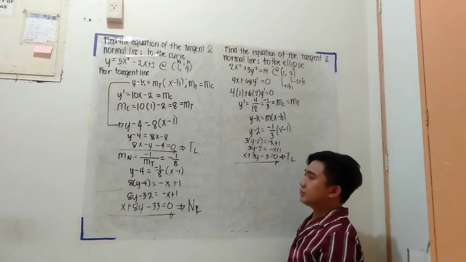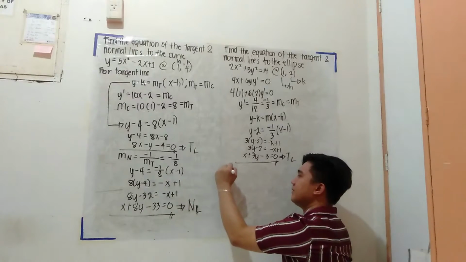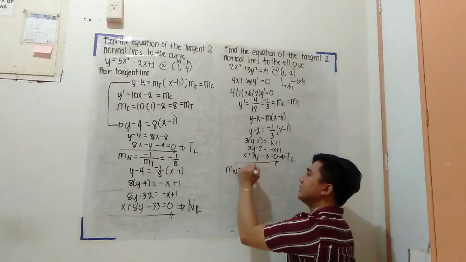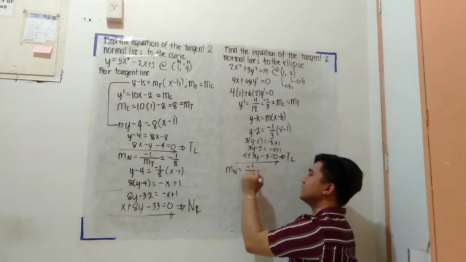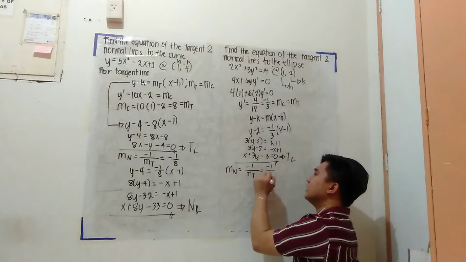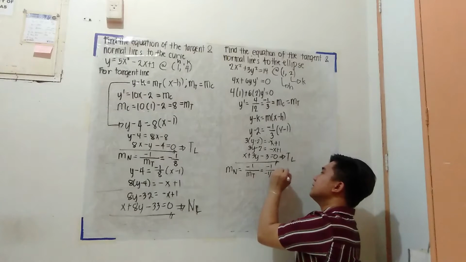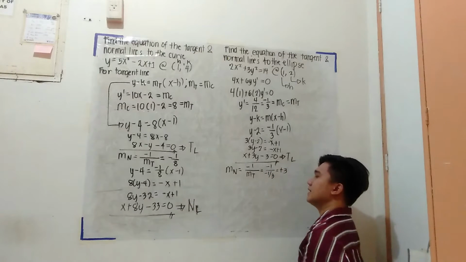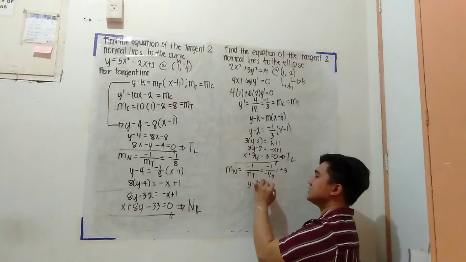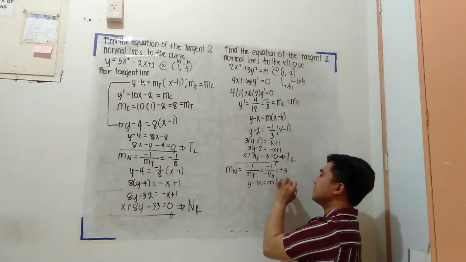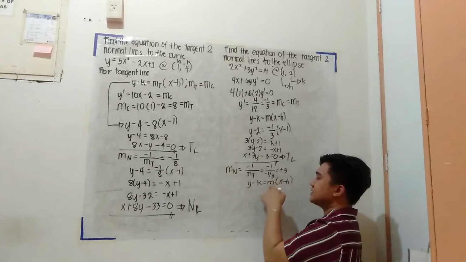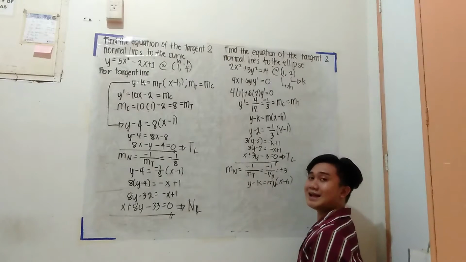Okay? And then to get the equation of the normal line, mn is equal to the negative reciprocal of mt. So that is negative 1 over negative 1/3, or simply positive 3. So y minus k is equal to m x minus h. What is this m? M of your normal line.